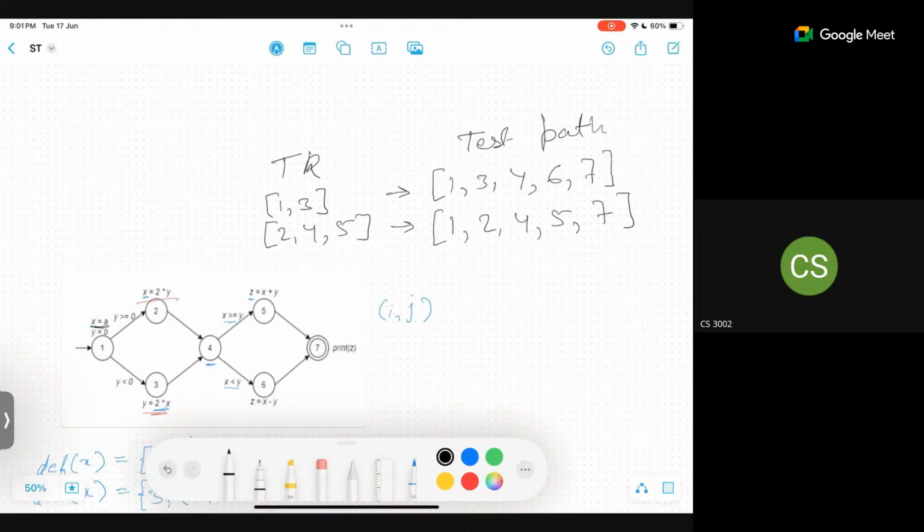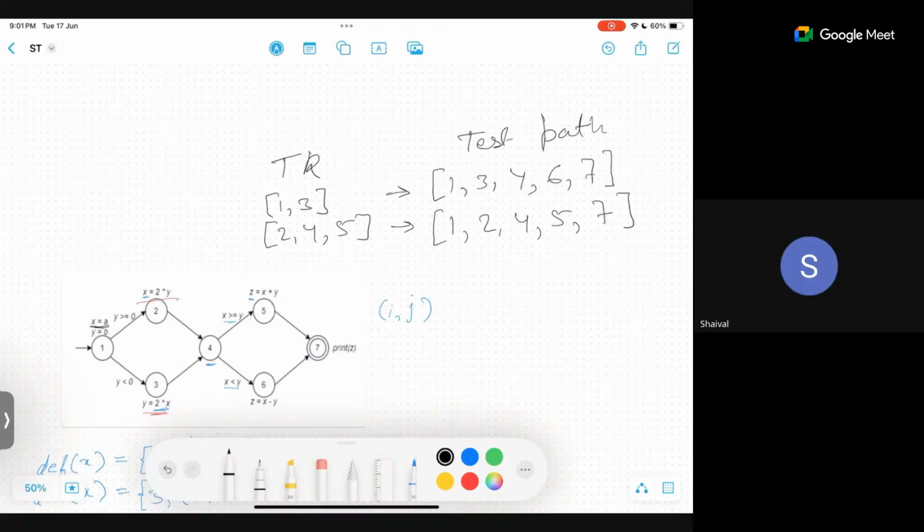Then it is up to you to construct the test path, but those test requirements will be satisfied only when you tour them using your test path. The test paths are the actual execution of the program with the test requirements in them as a subpath, so that we say that these have been toured, as in followed. You understand? Got it.